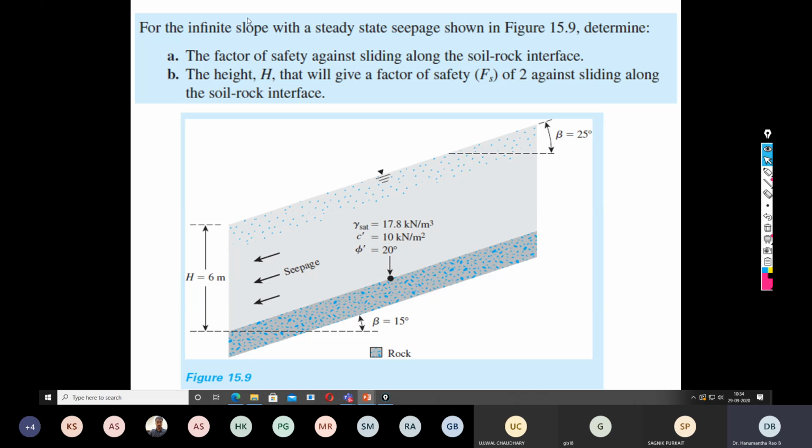So part A of the sum is, if the height of the soil is 6 meter, what is the value of the factor of safety?